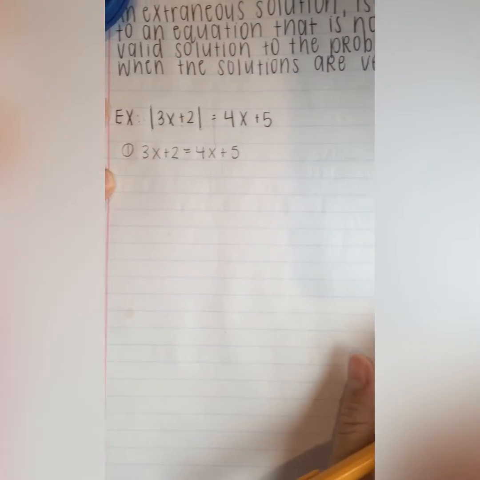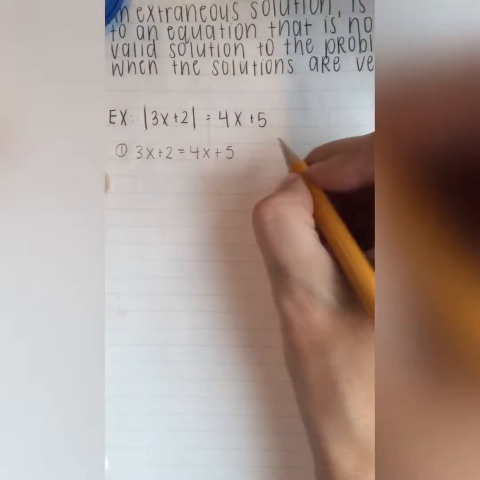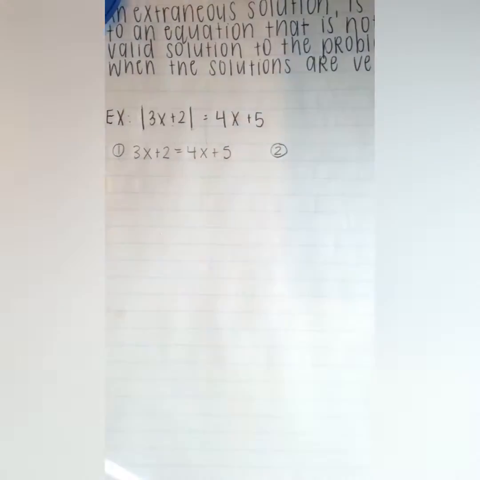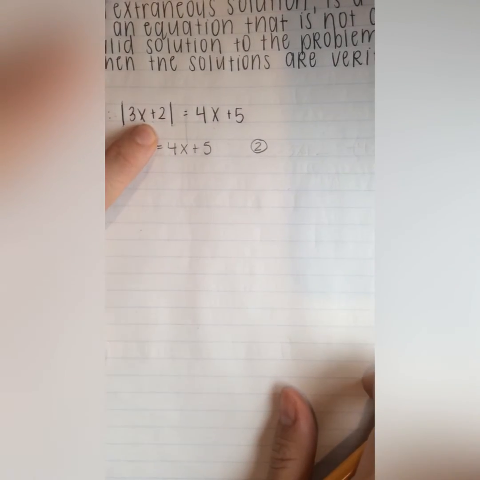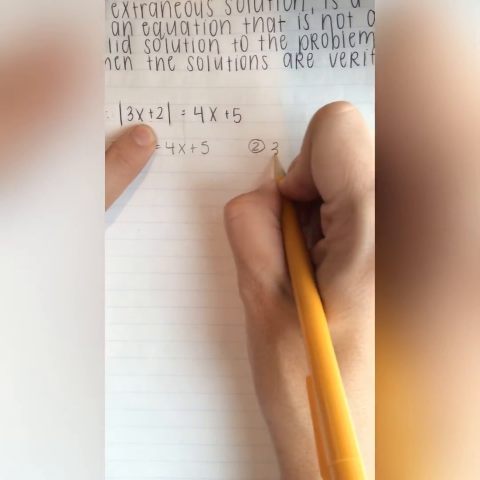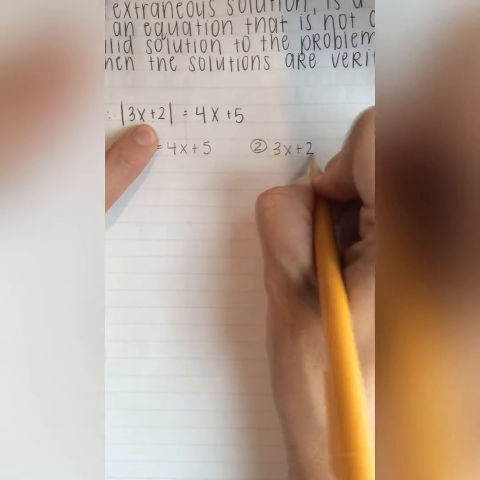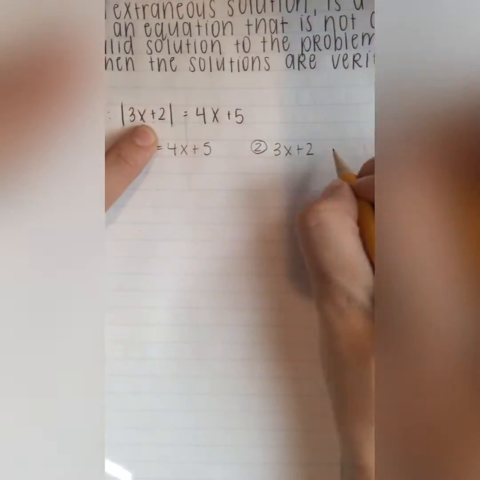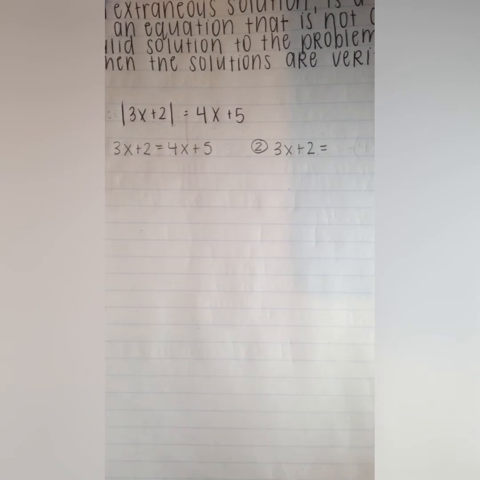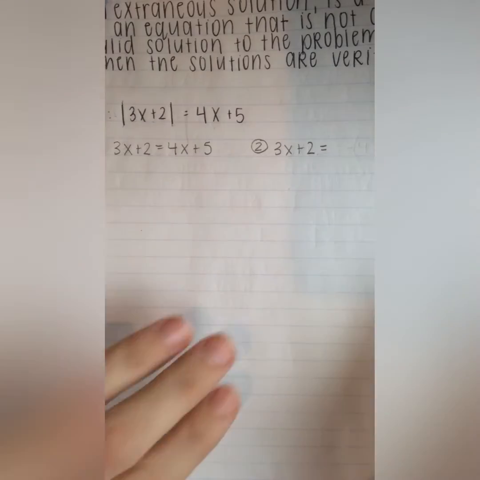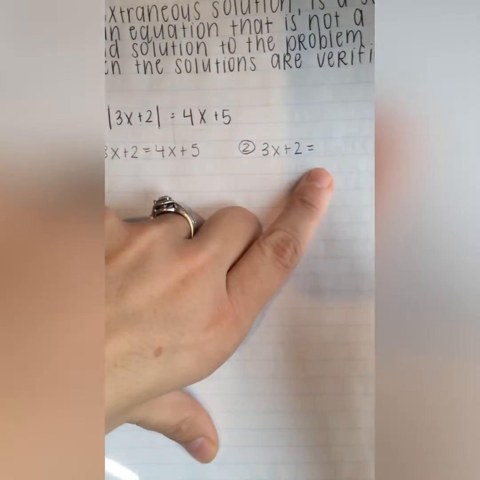That is one of our equations. For the second one, just like before, you're not changing the part that's inside of the absolute value ever. So we're keeping 3x plus 2 exactly how it is, and then we're going to make the other side negative.